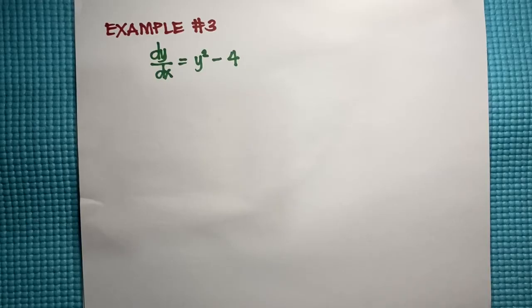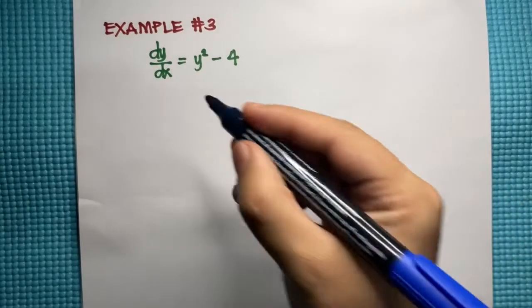On the third example, we are given dy over dx, which is equal to y squared minus 4. And again, looking at the differential equation, this is an obvious separable equation. So in this case, I'll be employing some shortcuts so that our solution will be faster.